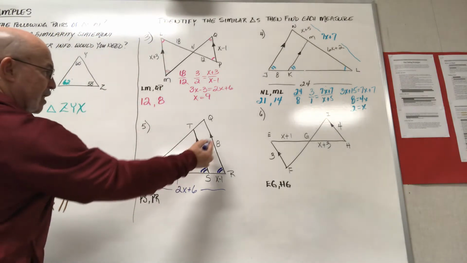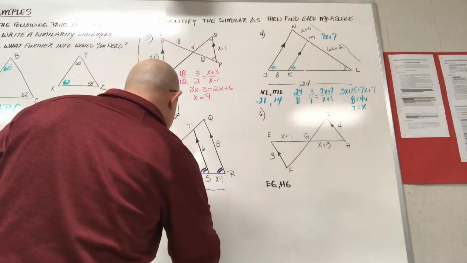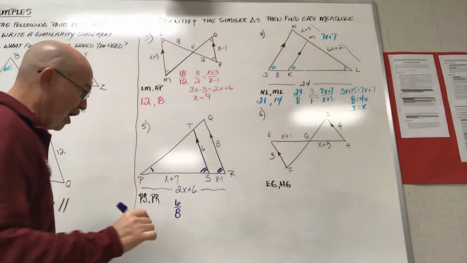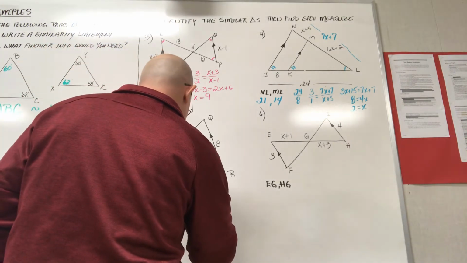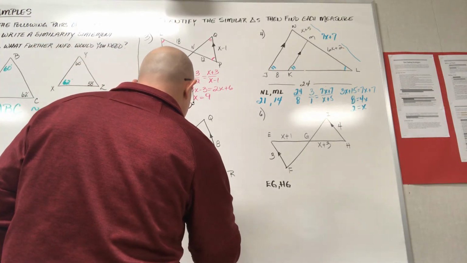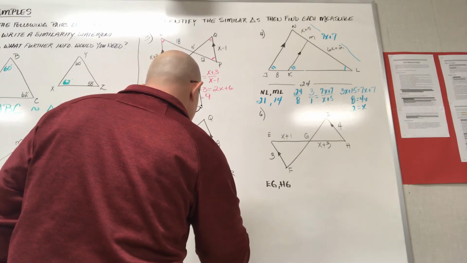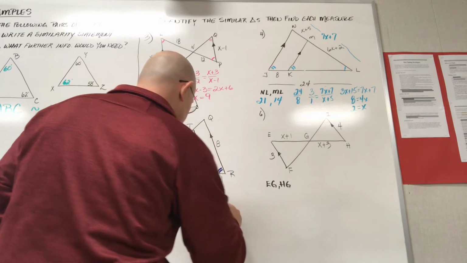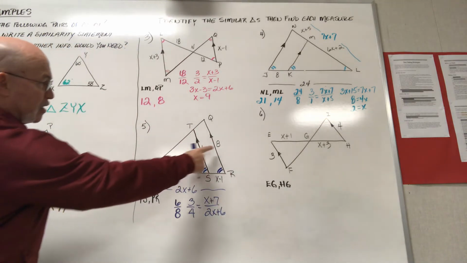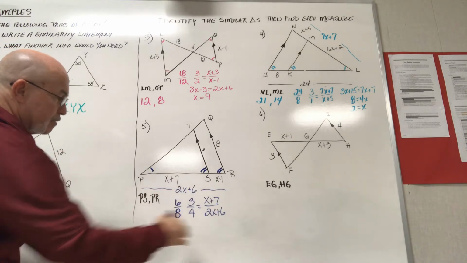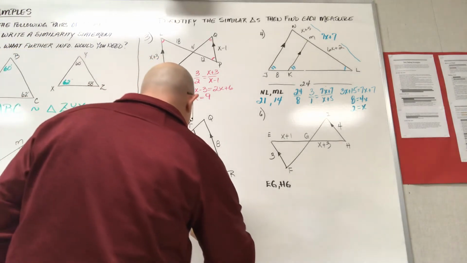So I'm going to set up 6 over 8. Simplify it. Side over side, side over side. Cross multiply.